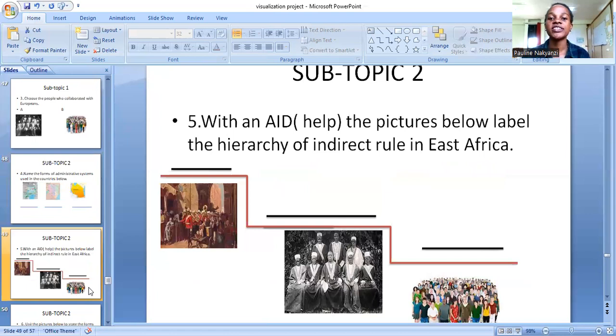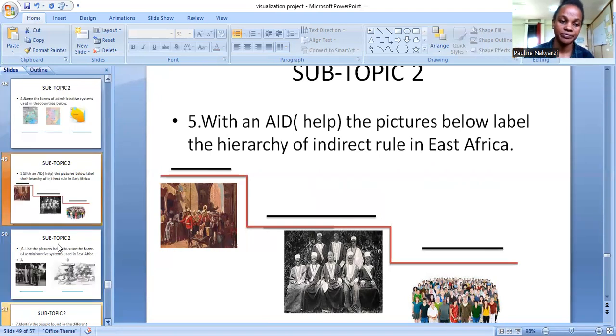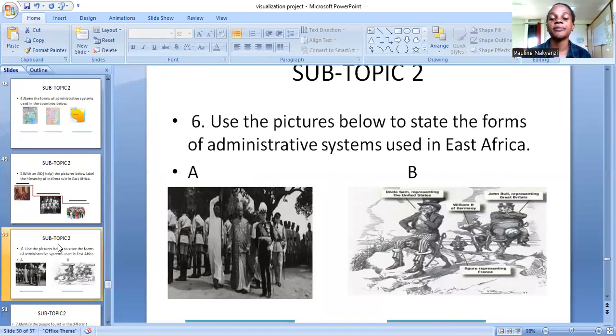Again, I used the word step and said with the aid or help of the pictures below, label the hierarchy of indirect rule in East Africa. Again, under subtopic 2, I gave the 2 pictures so that they can identify the administrative systems used in East Africa.